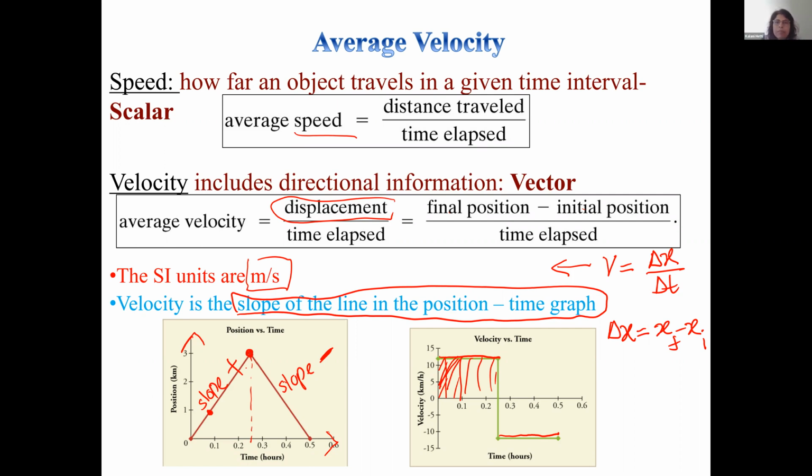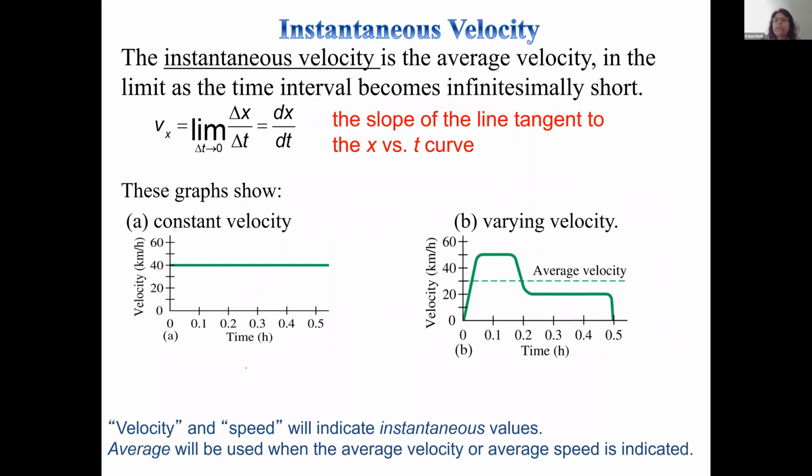Okay, so now we are ready to move into instantaneous velocity. Instantaneous velocity is the velocity that we usually just call velocity. For average velocity, we need the prefix average. Instantaneous velocity is the velocity at some instant.